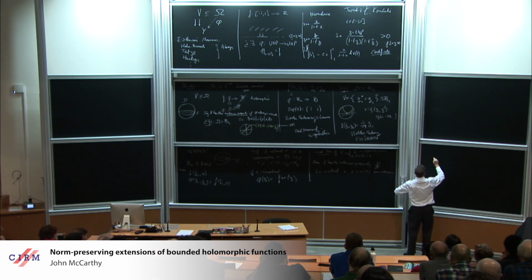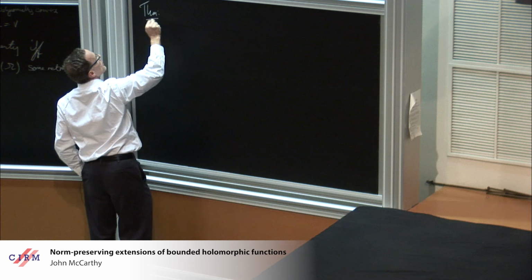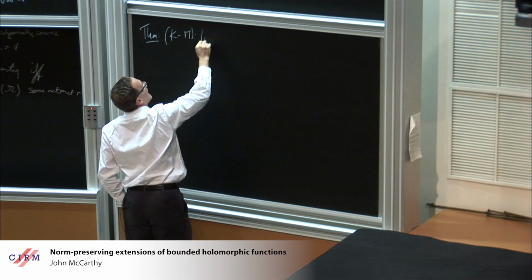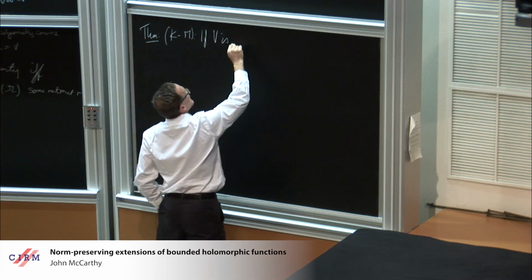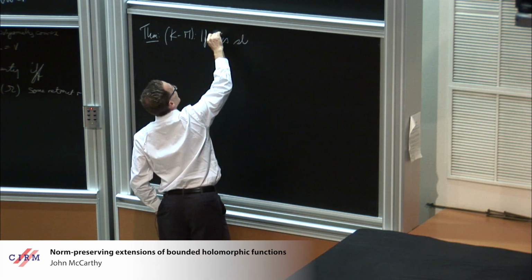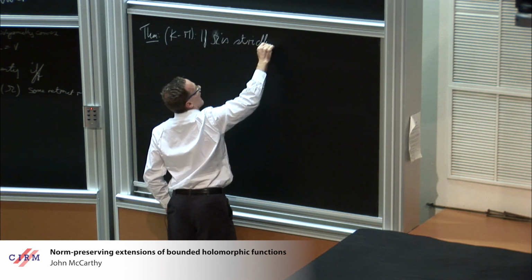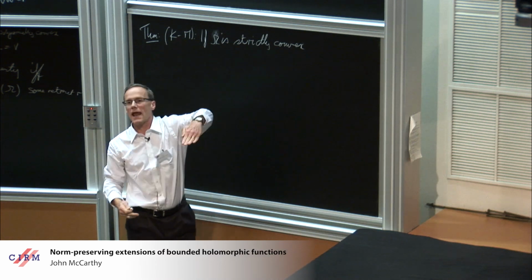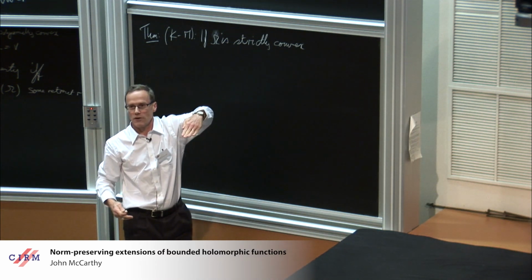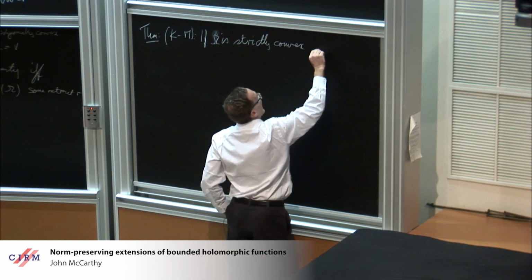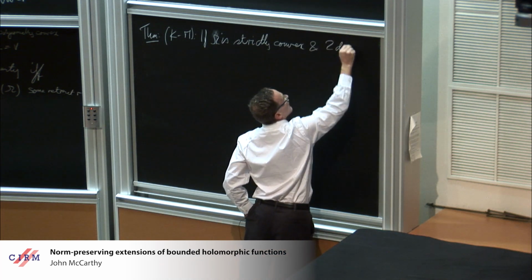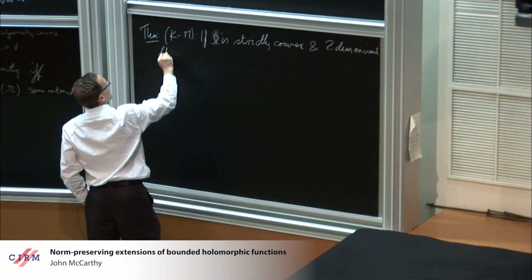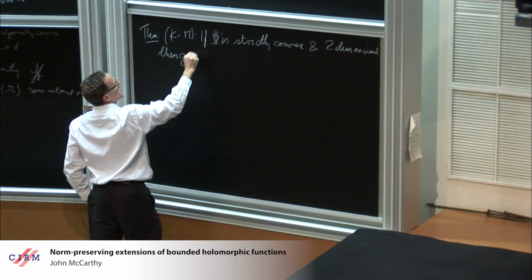So the theorem, oops, I'm running out of time. So the theorem I want to talk about is that if omega is strictly convex, that means for every boundary point there's a plane that touches that point and no other point, and two-dimensional, then the goal theorem is true.